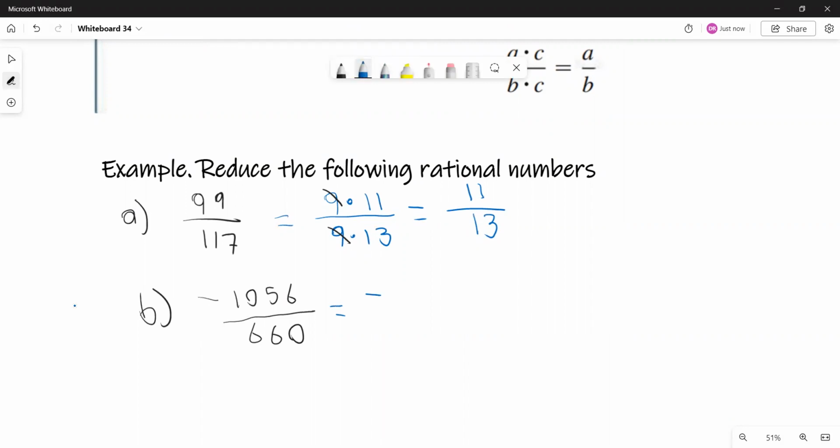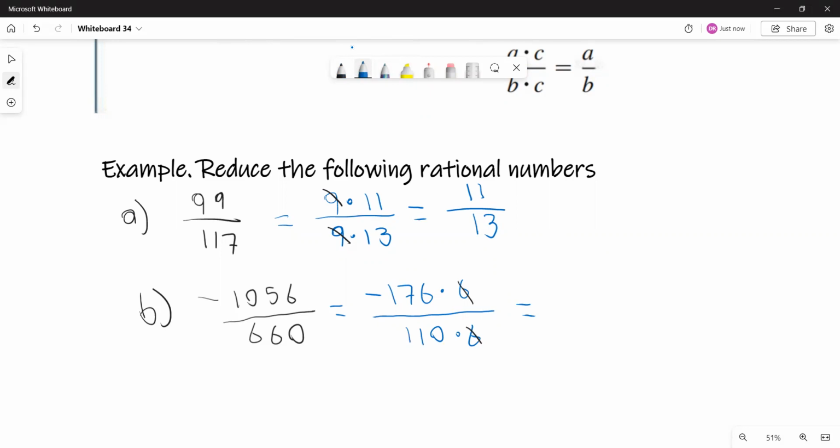So negative 1056 divided by 6 is negative 176. And 660 divided by 6 is 110. Okay, so we can cancel the 6s.